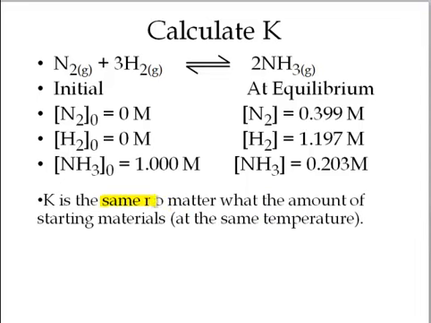Same no matter what the amount of starting materials are, at that same temperature. So the equilibrium position, the K for this reaction at that temperature is 0.0602, no matter what the initial concentrations are. Super, super important, because the equilibrium is a position that this reaction is going to achieve regardless of any other factor at that temperature.